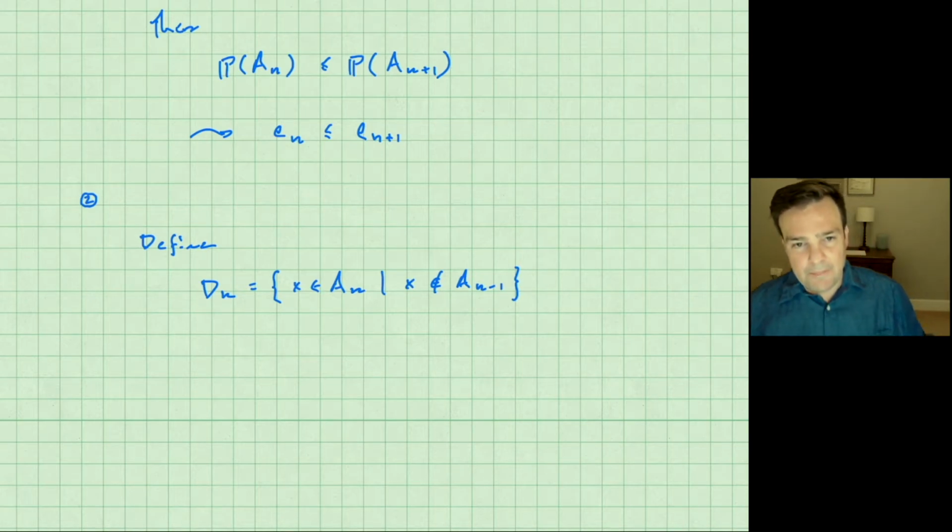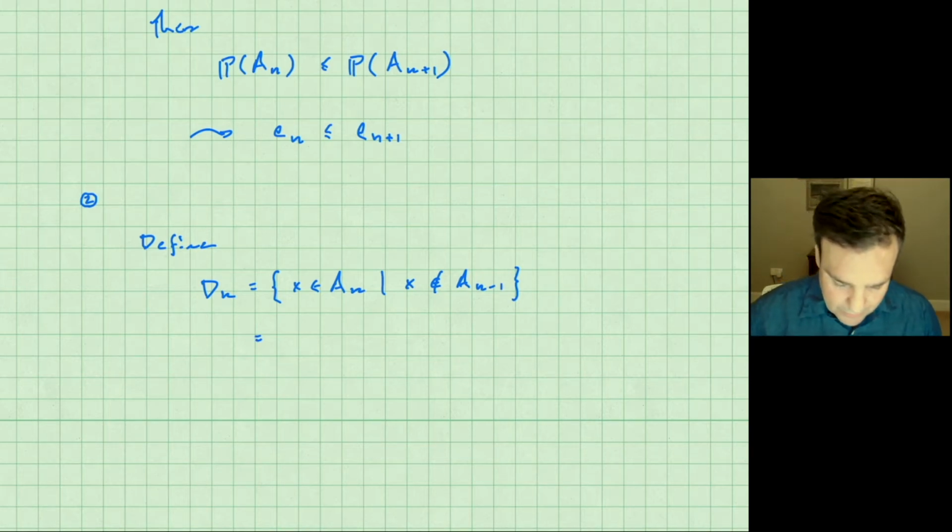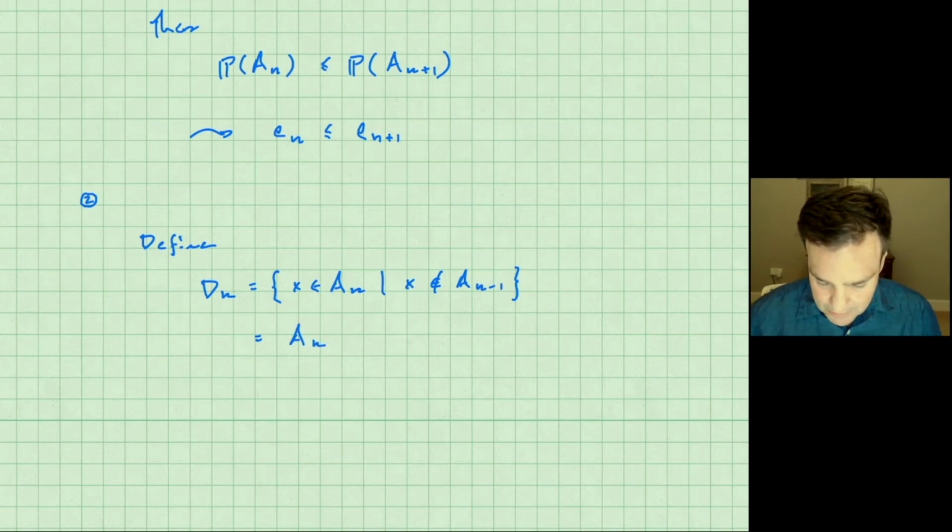Right, so these are all the outcomes that cause extinction at time n, but that don't cause extinction at time n minus 1. In other words, depending on your favorite notation, you might write it like this, A_n minus A_{n-1}, or some people write it like this. That's fine, whatever. This is set subtraction.